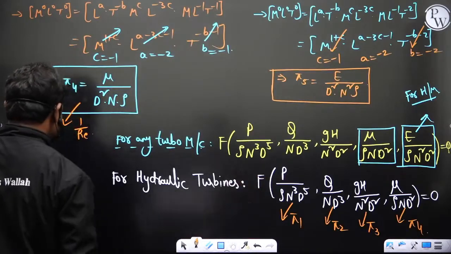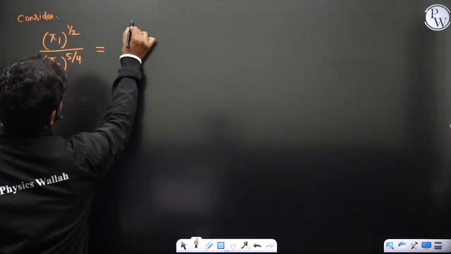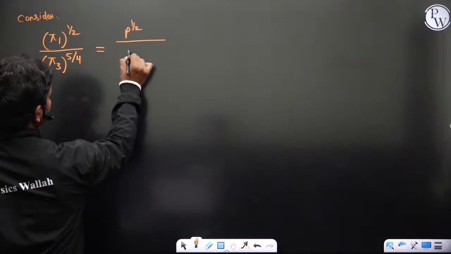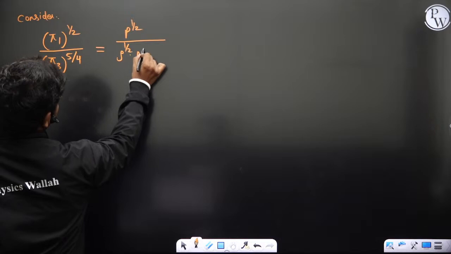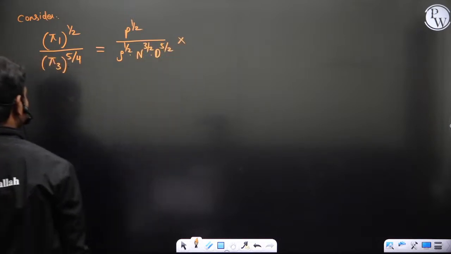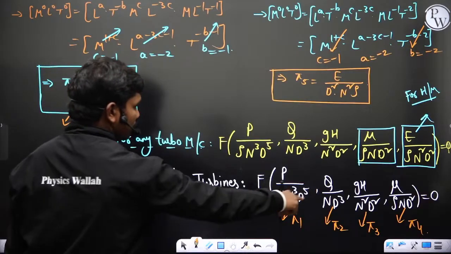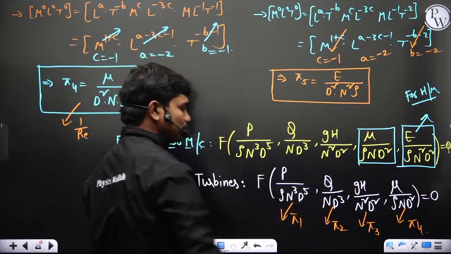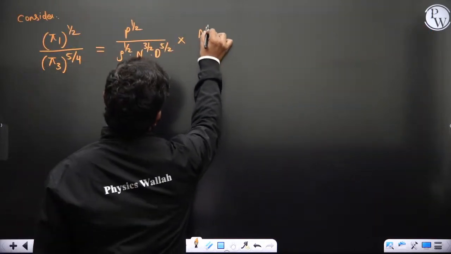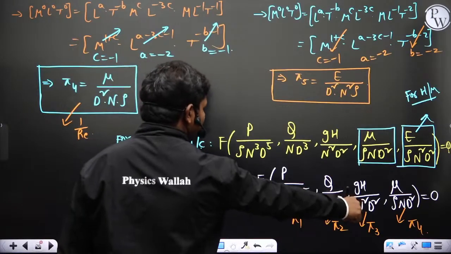Pi 1 square root gives you p power 1 by 2 divided by rho power 1 by 2, n power 3 by 2, d power 5 by 2, multiplied with this power 5 by 4. So power 5 by 4 of this quantity, in the denominator we have n square, power 5 by 4.